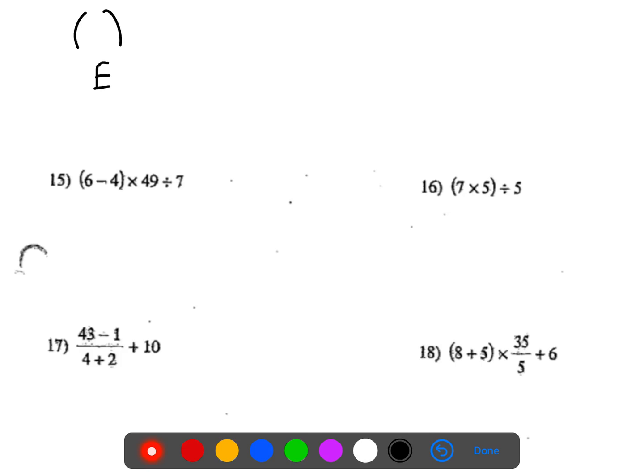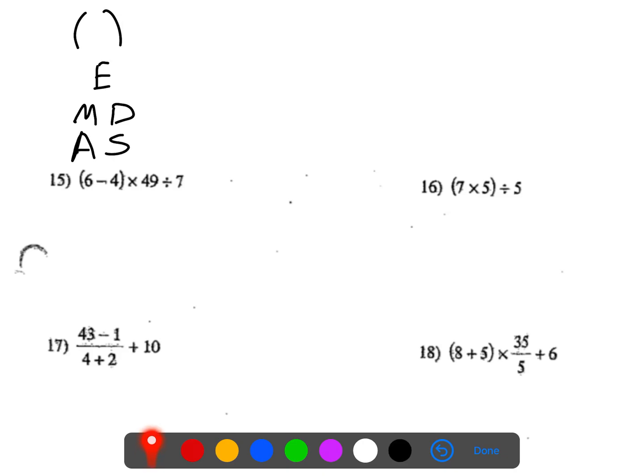And we would do those exponents because they're going to change this expression the most. After that, our most powerful operations, the thing that changes the values of numbers the quickest, is to multiply, or its inverse operation, divide. And then finally, our weakest operations are to add and subtract, because that's just combining or taking away.